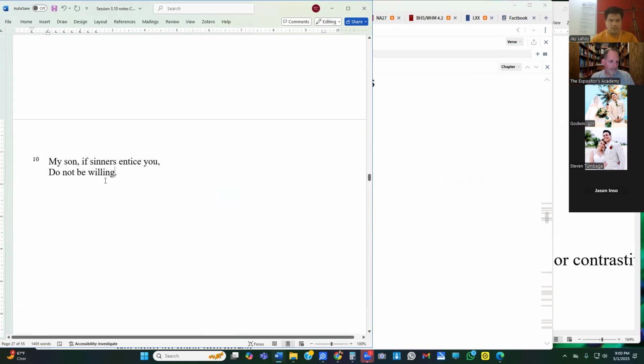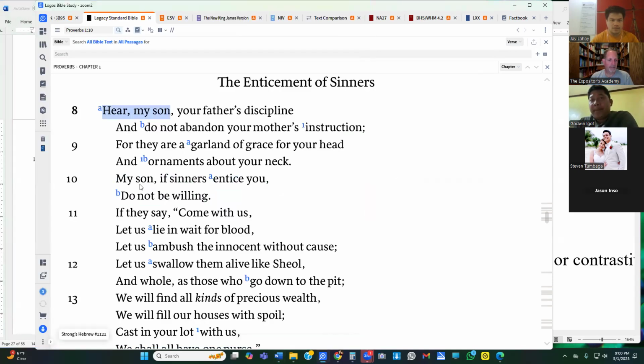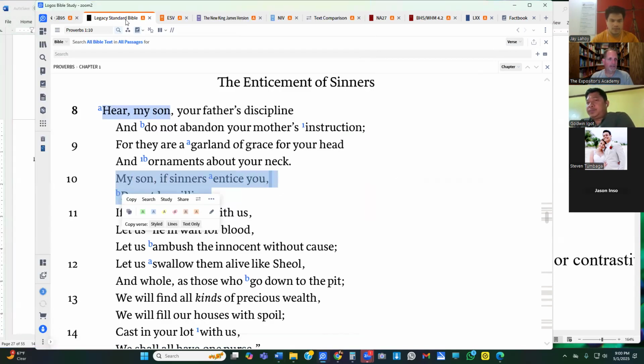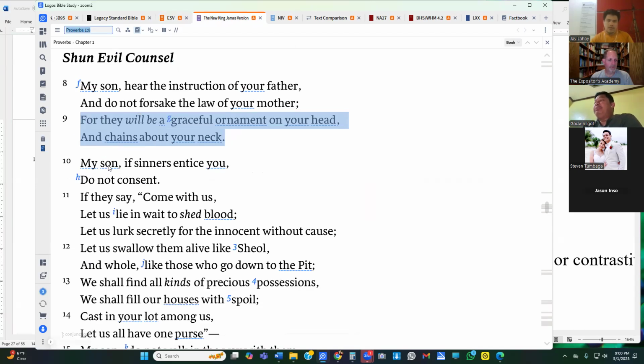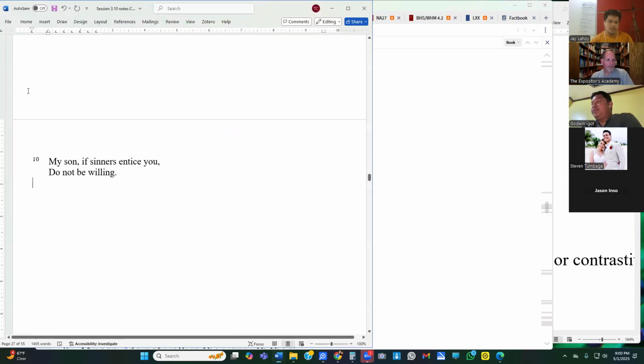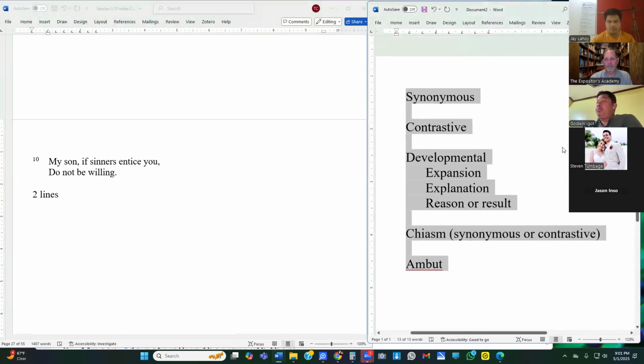That's it. So we first want to ask how many lines? 2 lines. And let's just make sure. Let's look at the ESV, 2 lines, and the New King James, 2 lines. So, okay. And then now, what kind of parallelism do you see here?